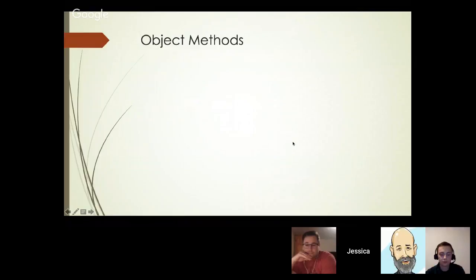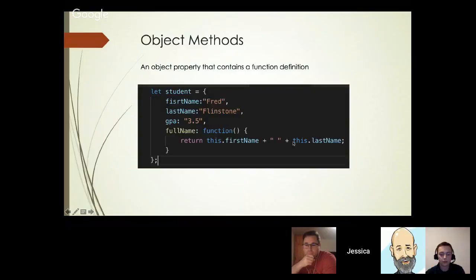It's pretty straightforward. The nice thing is that objects can also have methods, or functions. It's like they're little classes. So we've got student, here's Fred Flintstone again. If we call this function down here, it will return his first and last name. You put the function name here, which is what you'll call.